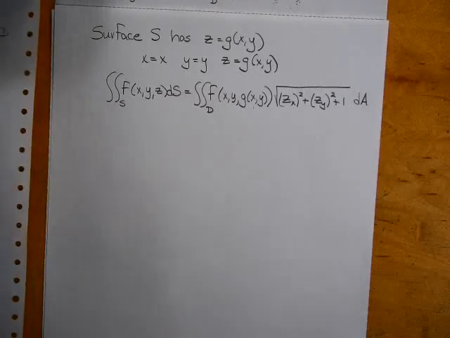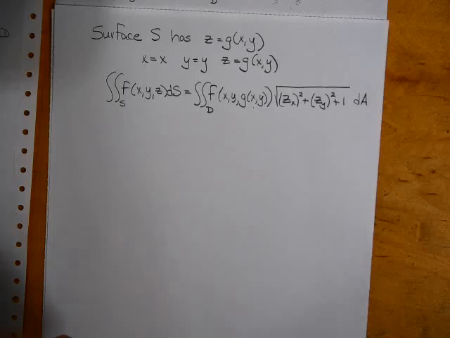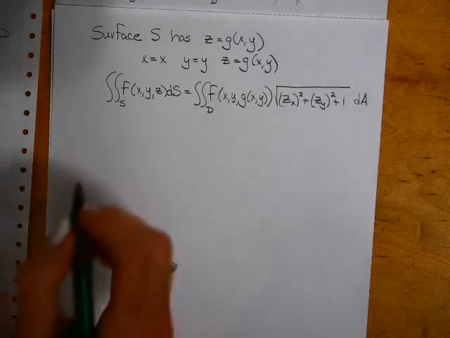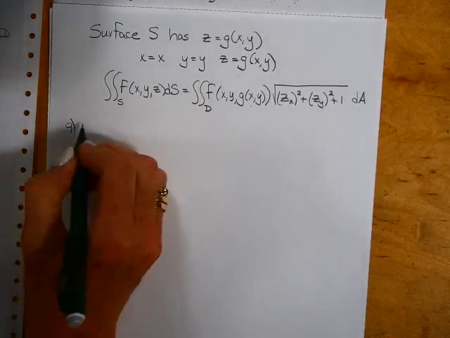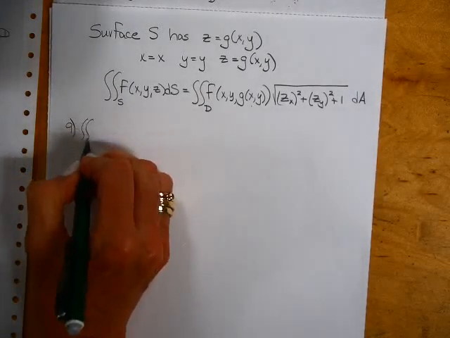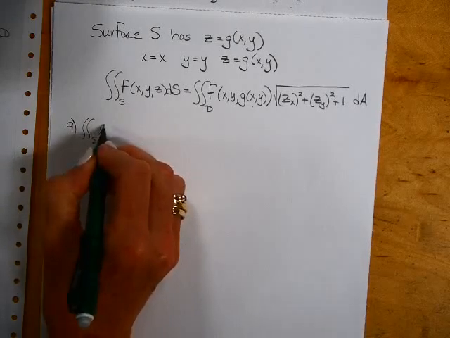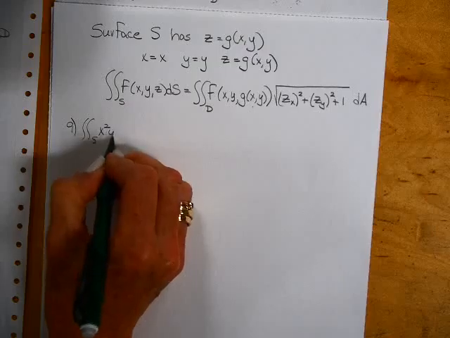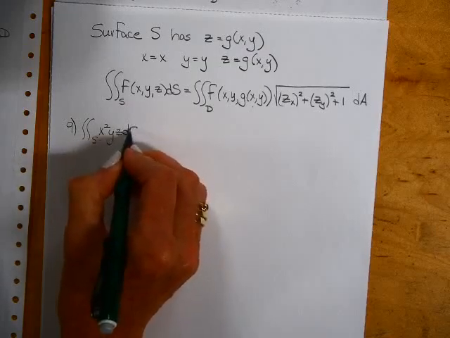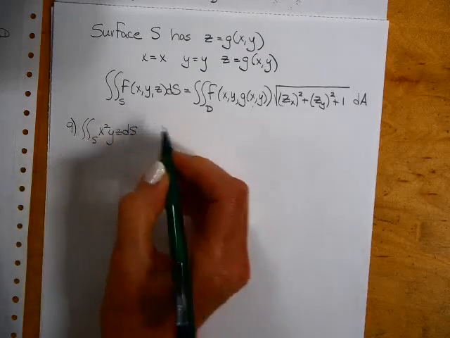So this is comparable to the vector function. All right, and I'll work one like that. Number 9 wants us to do the surface integral of x squared yz dS. So it's a surface integral.